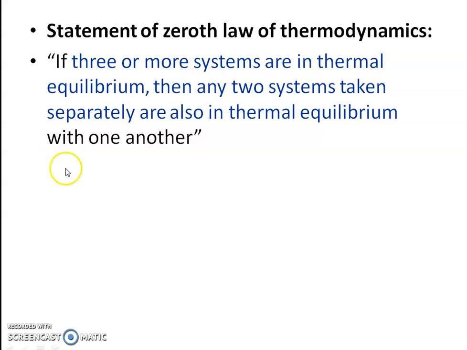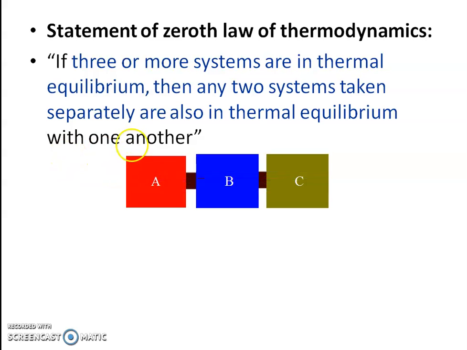So once again, try to understand the statement of the zeroth law of thermodynamics. If two or more systems are in thermal equilibrium, then any two systems taken separately are also in thermal equilibrium with one another. I will take an example.